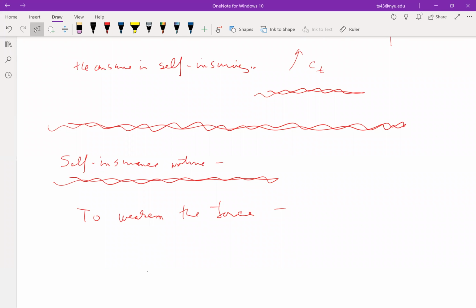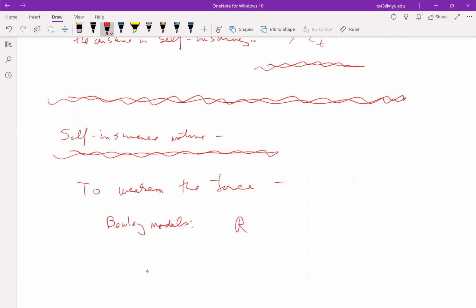One is something that you're going to see in so-called Bewley models. So there, to weaken the force, R beta equals 1 was a key thing in allowing the force to operate. Essentially what Truman Bewley's idea and Aiyagari's idea and Huggett's idea, that you'll often see in what people call Bewley models, is to lower the interest rate so R beta is less than 1.